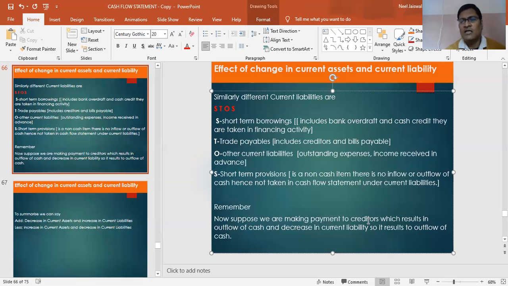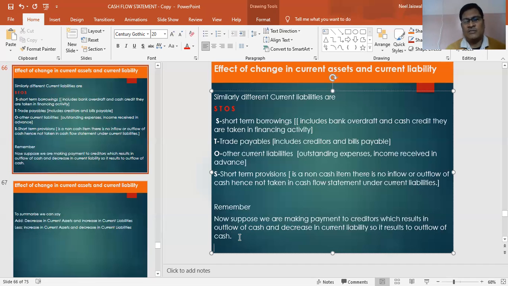Similarly, when there is an increment of loan, suppose the loan value has increased, that results in what? That results in increase in cash and increase in liability. Loan is nothing but a liability. So whenever liability increases, it's an inflow of cash. Decrease in current liability results in outflow of cash.